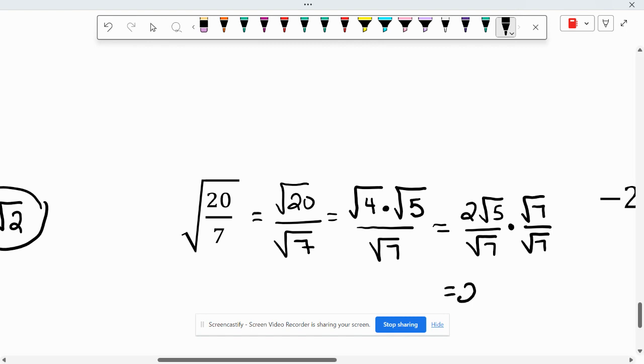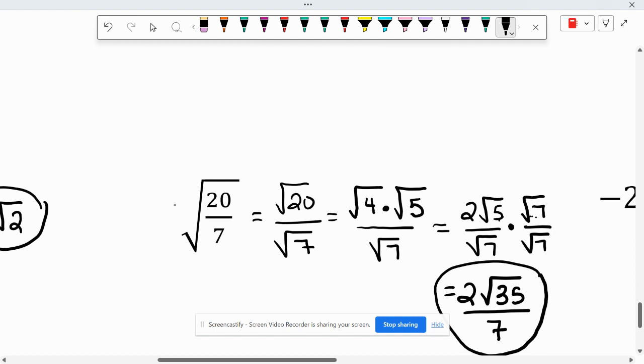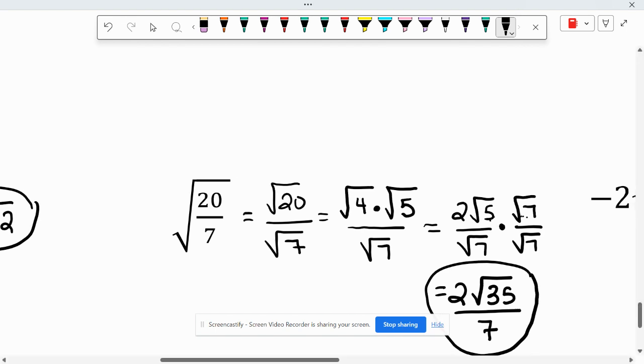So the whole number 2 stays the same, but the square root of 5 times the square root of 7, those are both square roots, so we multiply those two together. 5 times 7 is 35. And the square root of 7 times the square root of 7 becomes just a 7.